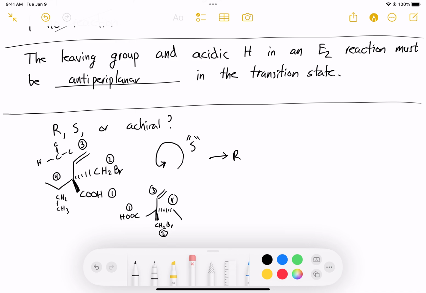Yeah, this example perplexes me quite a bit. I don't know why it wouldn't work this way. It should actually. Yeah, I'm not sure. But it should be R.